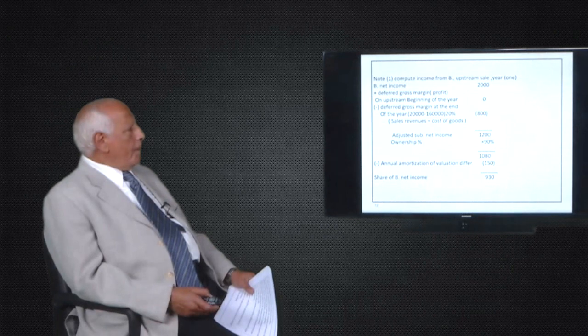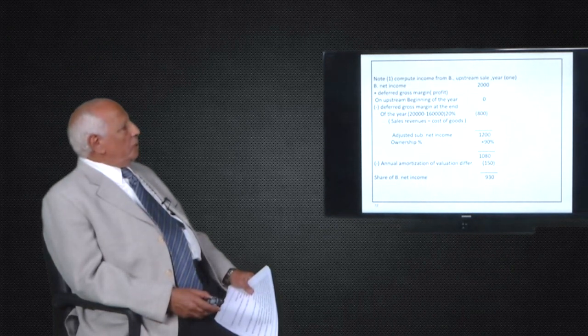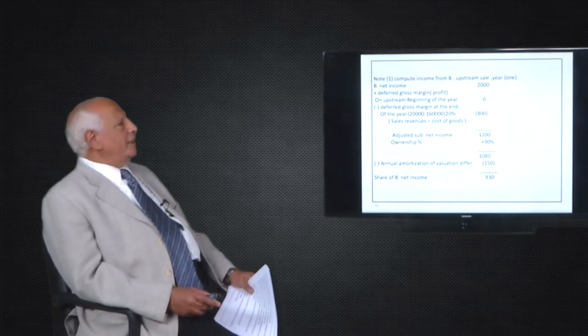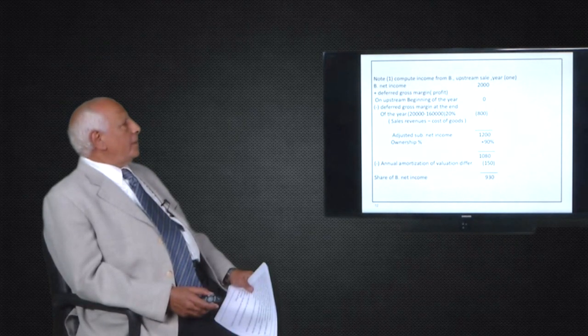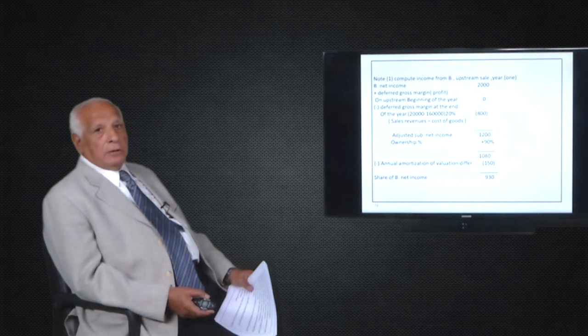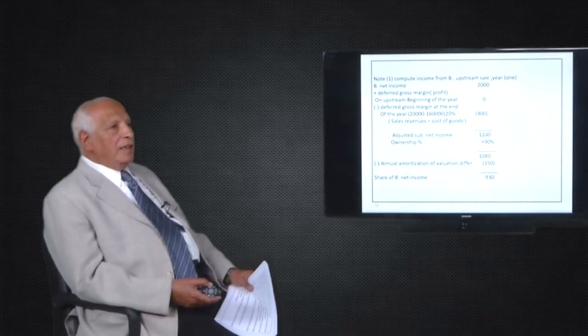Note 1: compute income from B, upstream sale, year 1. Remember, upstream sale. And this is the first year. Look at the equation here. B net income, it's a given, 2,000, plus deferred gross margin or gross profit of upstream at the beginning of the year, that's 0, because 2001 is the first year.